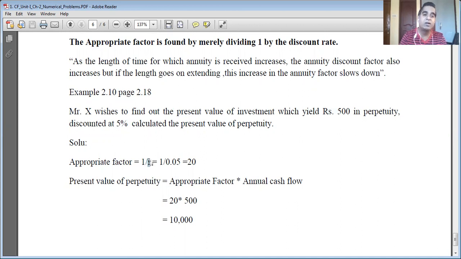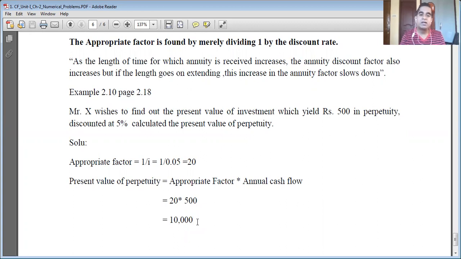What you get is the appropriate factor, and you multiply that factor with the monthly pension amount, say 30,000. Whatever you get is the present value of the perpetuity. Whatever pension your elderly family member is going to receive throughout his or her lifetime, you can find its present value. Just those who are curious, those who have interest in learning. And in tomorrow's class, you can just let me know.